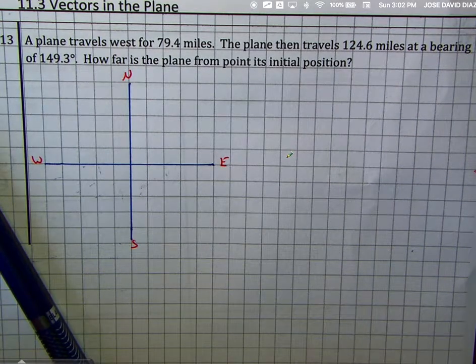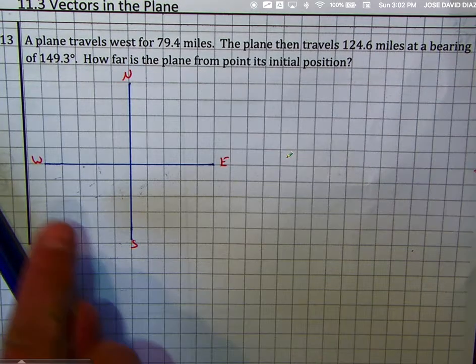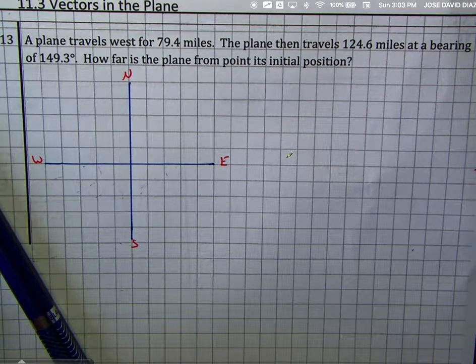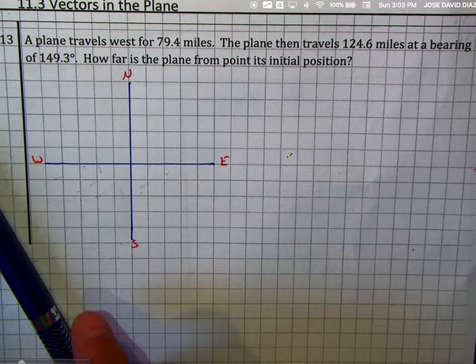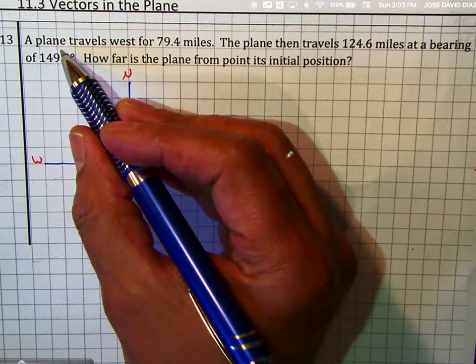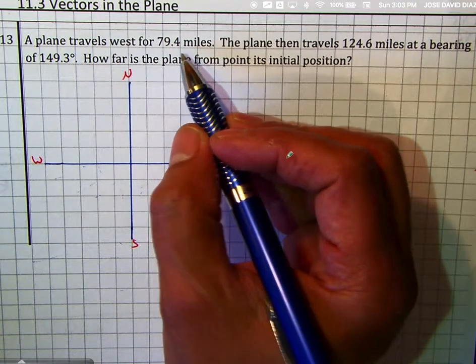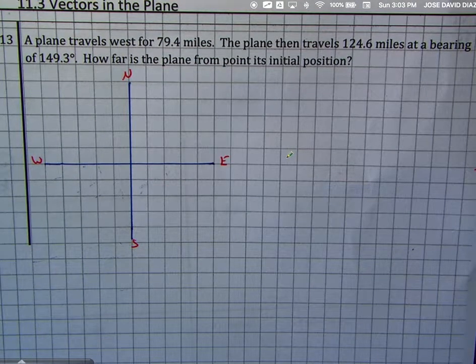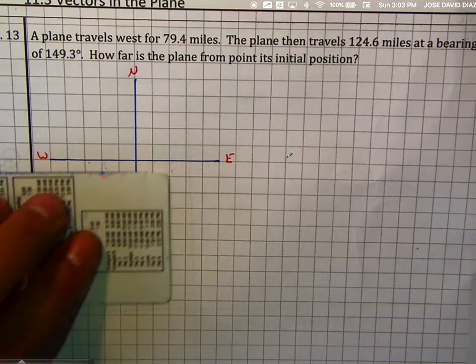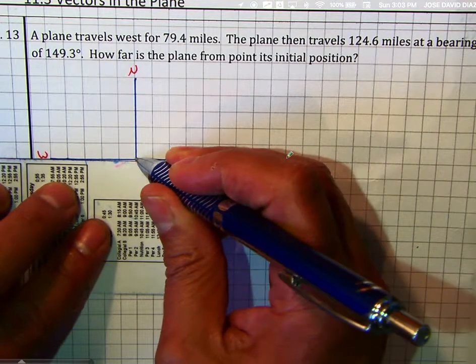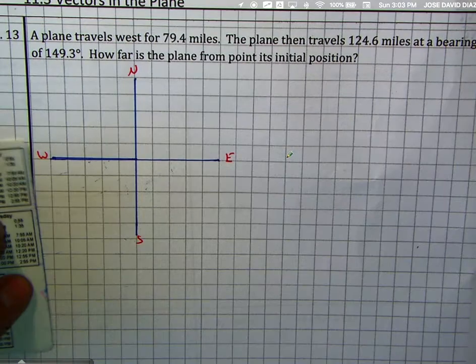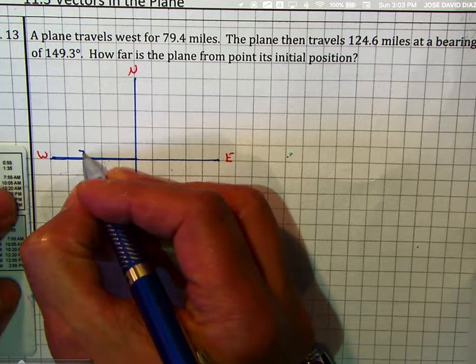Or the other one is correct. But now, it's going to travel west for 79.4 miles. So it's going to go from here. It's going to travel west. And that'll be 79.4.